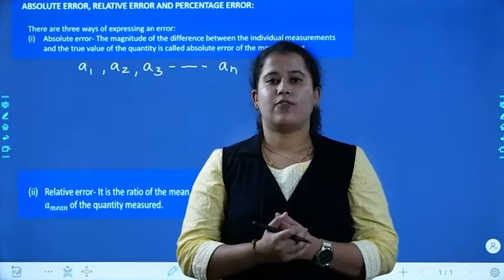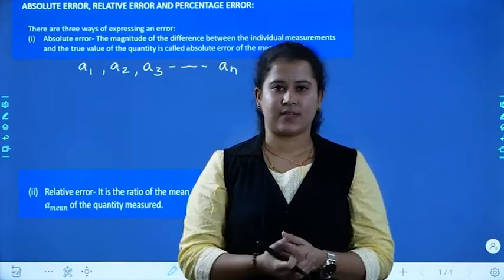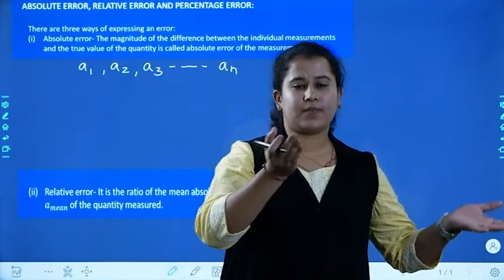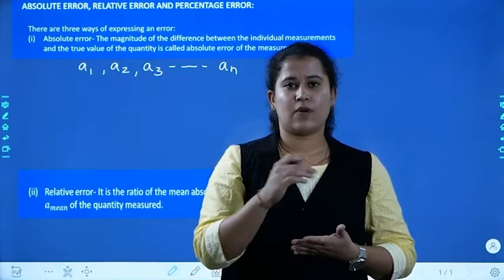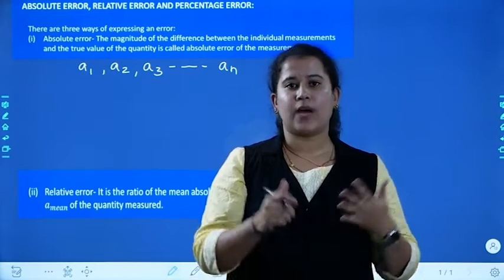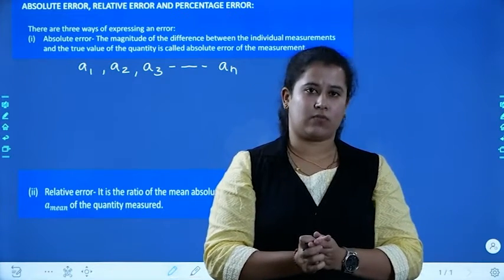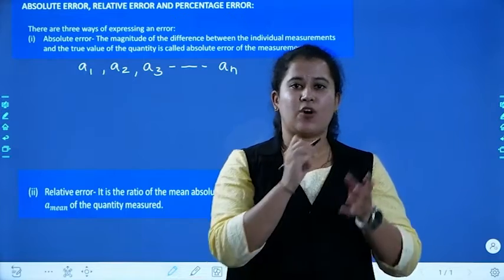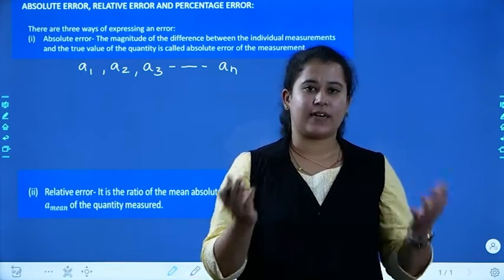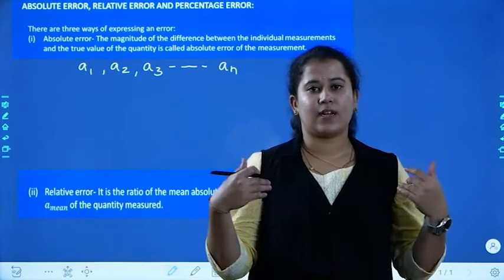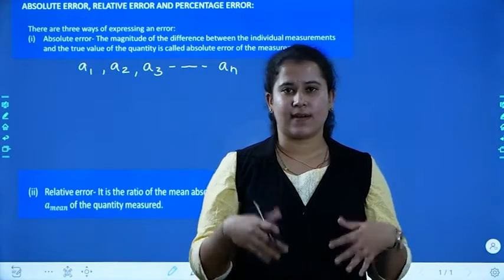What my teacher says next is to take the mean of that. So when I take the mean, I take all those observations and divide by how many observations there are. If there are 10 observations, divide by 10. If there are 15 observations, divide by 15.